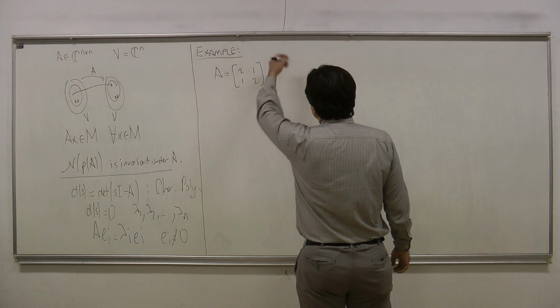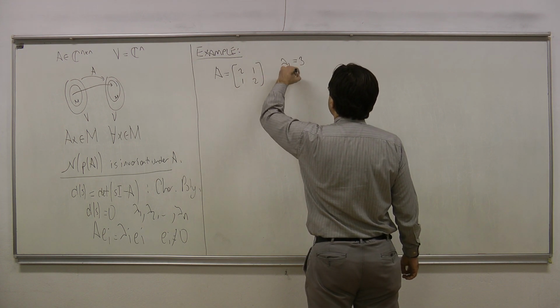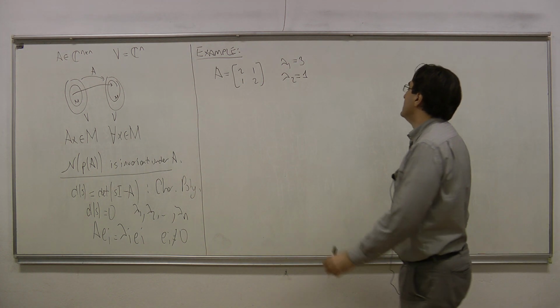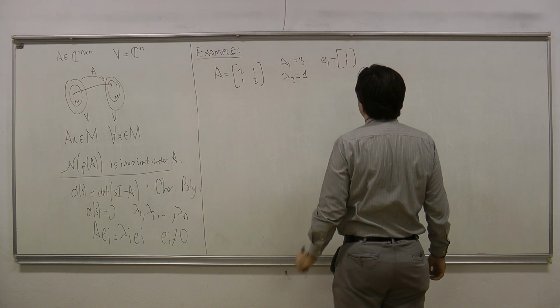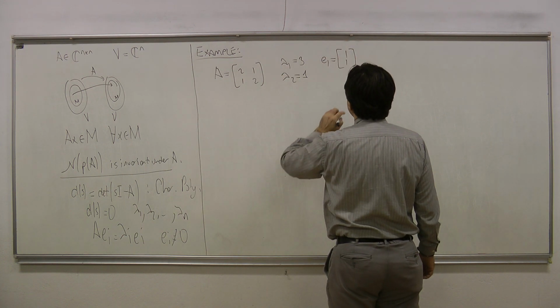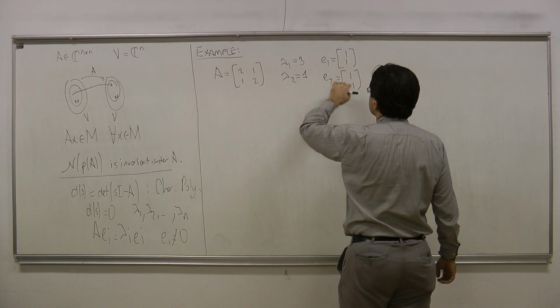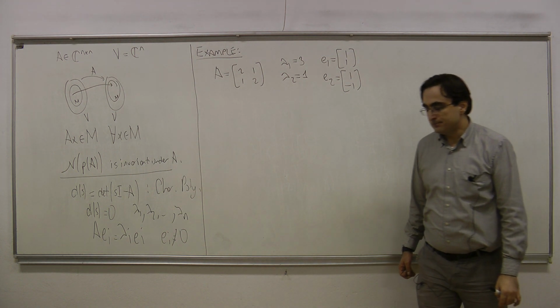Remember, in the last lecture we found the eigenvalues of this matrix: lambda 1 equals 3 and lambda 2 equals 1. The first eigenvector corresponding to 3 was [1, 1], and the second eigenvector was [1, -1], corresponding to the eigenvalue lambda 2 equals 1.